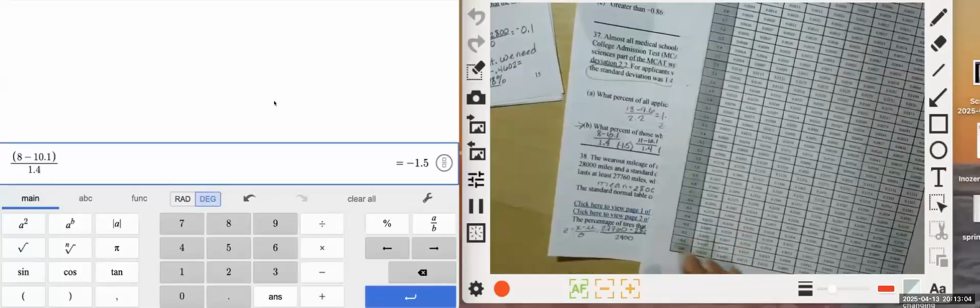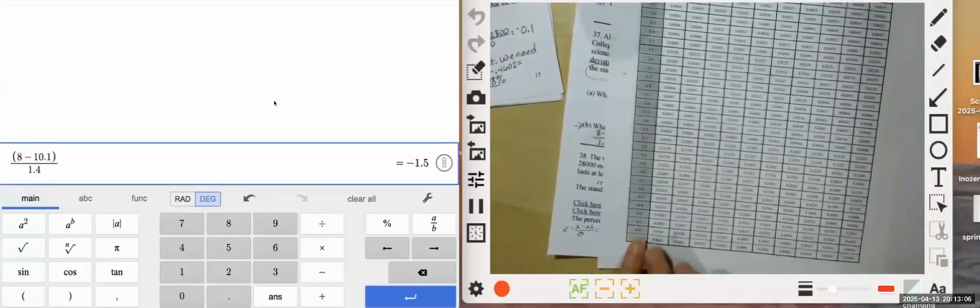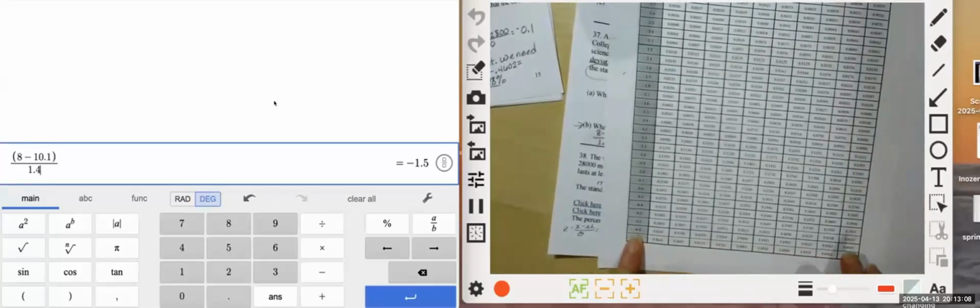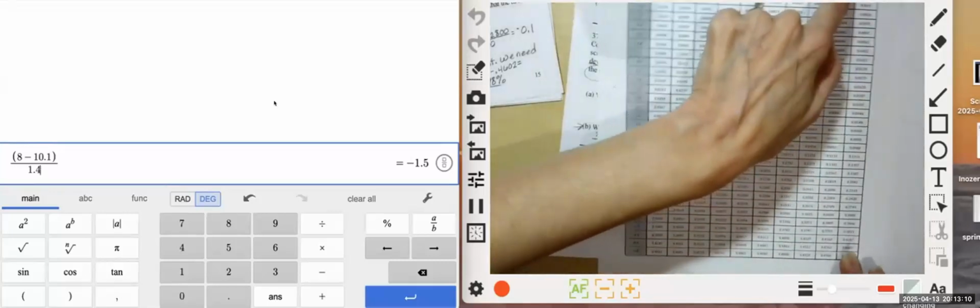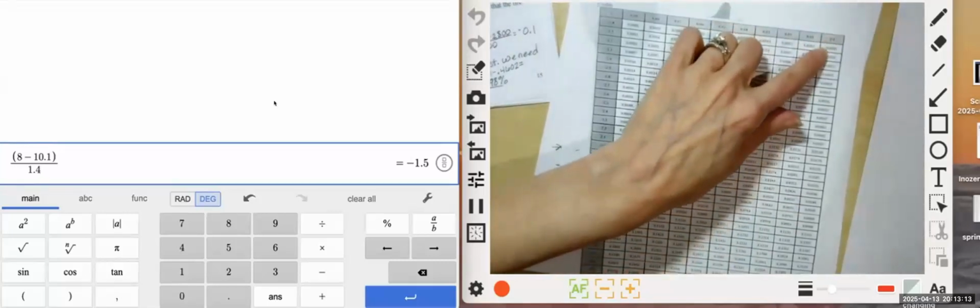Okay. Negative 0.1. I look up around the outside. Negative 0.1. I'm going to remember to go to the end this time, because zero is up there.